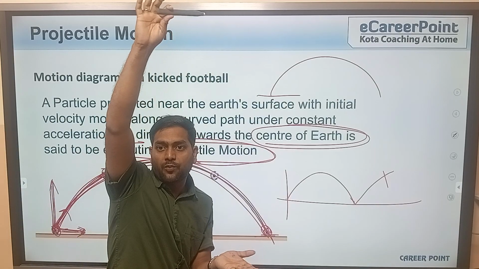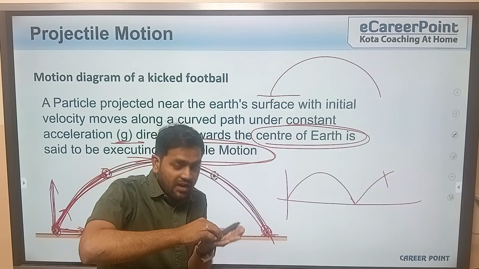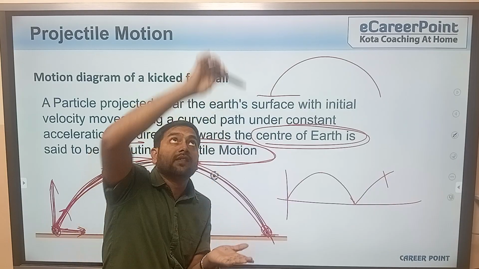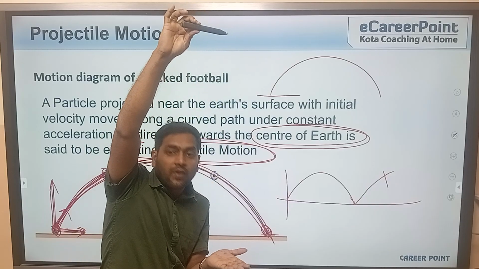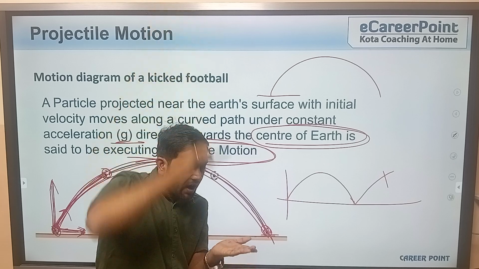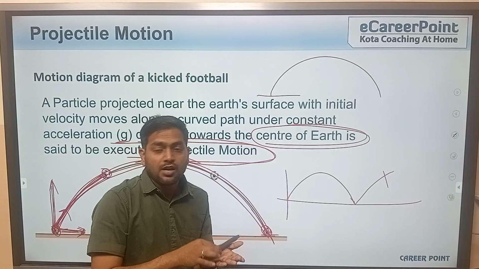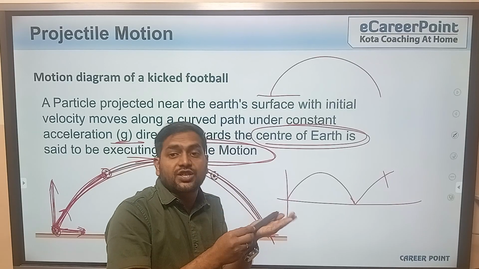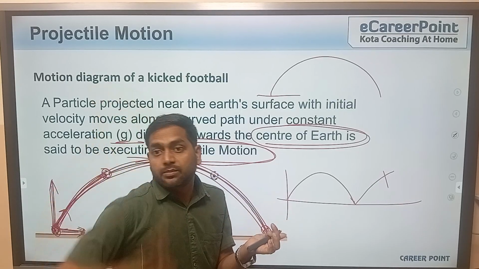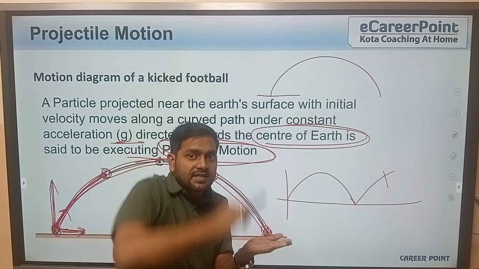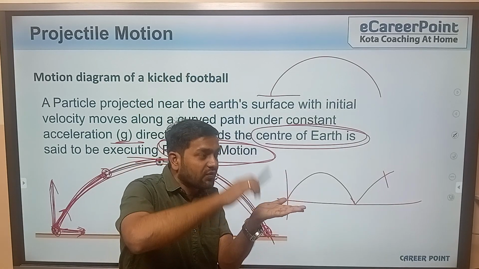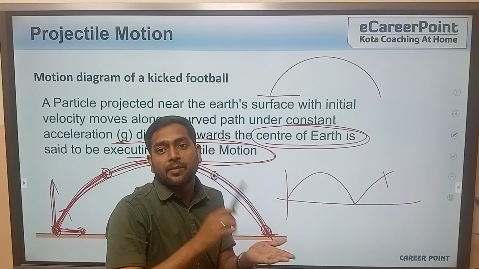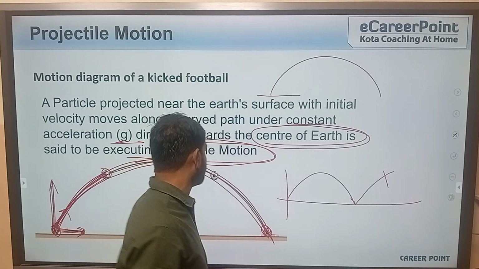At the top position, the vertical velocity is 0, right? And it is coming downwards. At the point of projection, the velocity is maximum. It is moving upwards and coming downwards. How much velocity it went up with, the same velocity it is coming downwards. Yes. Next we'll see.